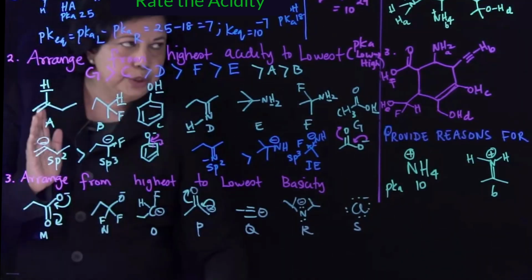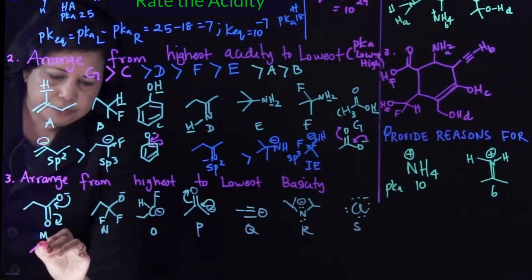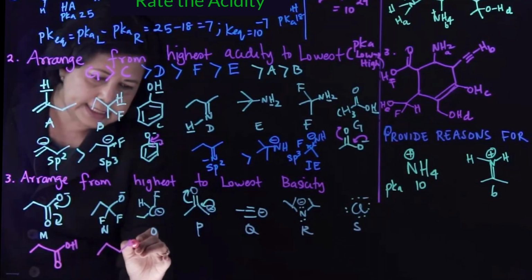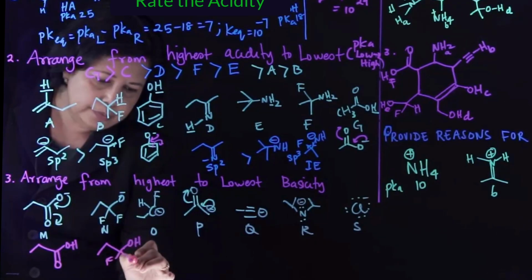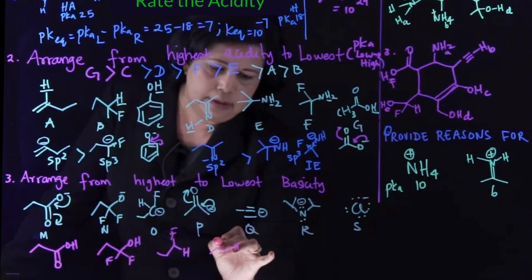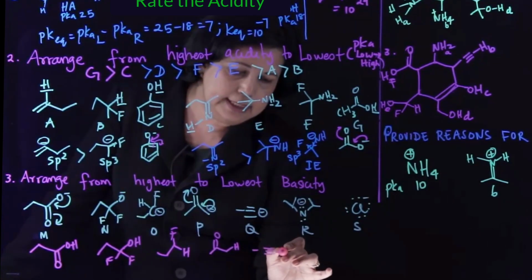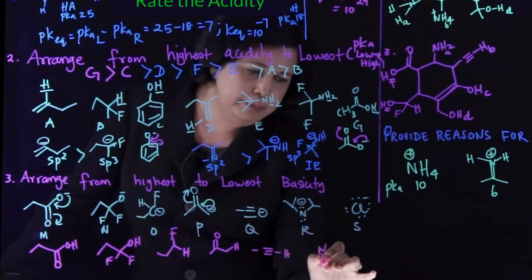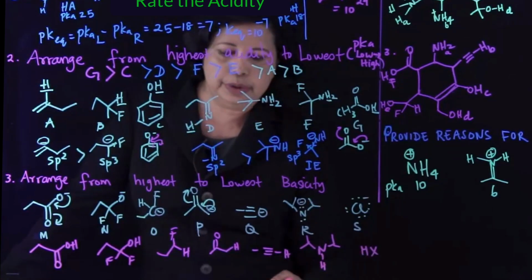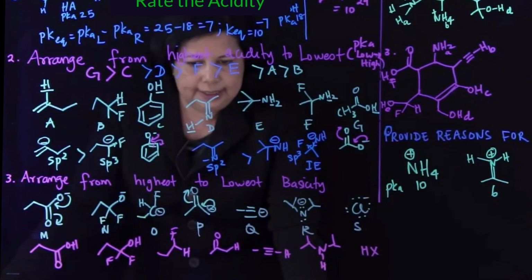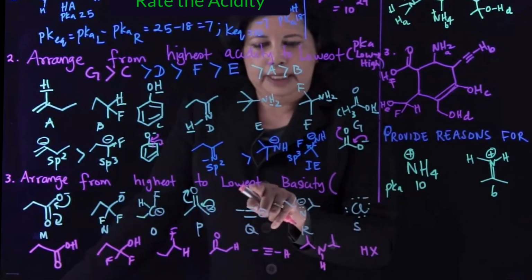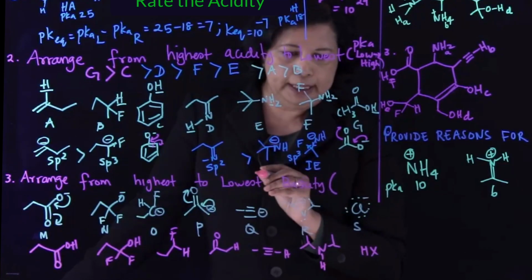So one way to do that is to just compare the basicities, or if that's kind of hard for you, just write down the acids for this and you can go from there and see which one is going to be more acidic. So we're talking about the acidity of these. Sometimes you may even have pKa values, and then we can use the pKa values also to find out if that is correct. So here we are going from high pKa to low pKa.